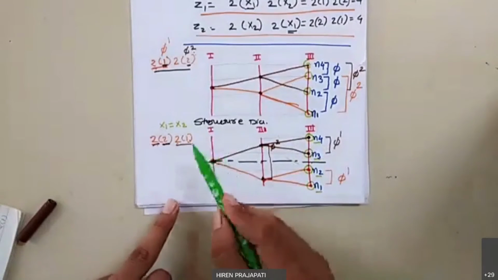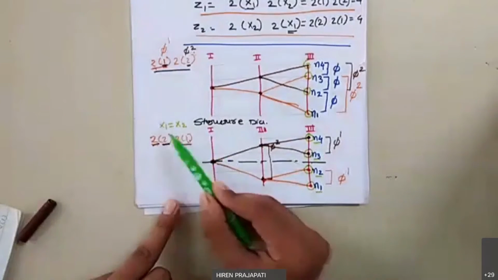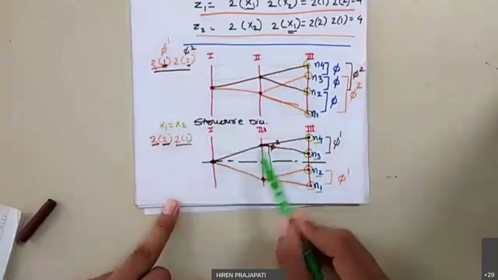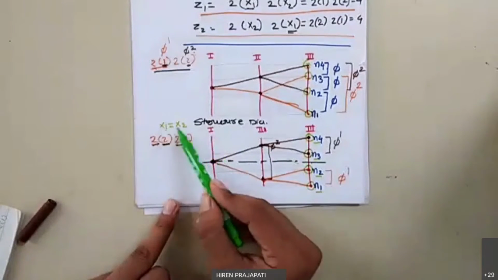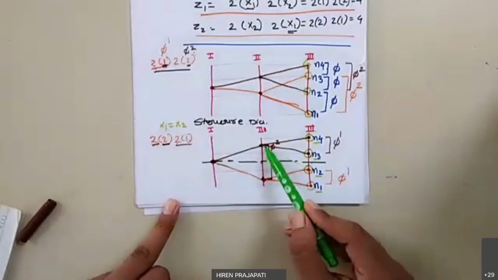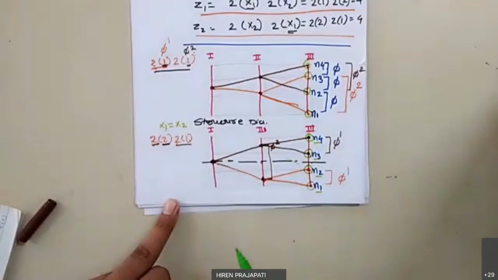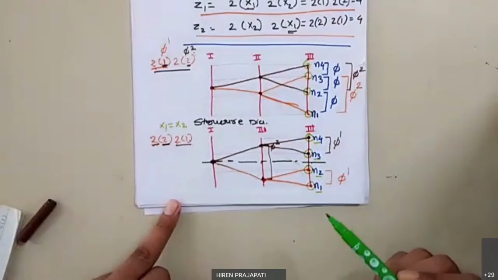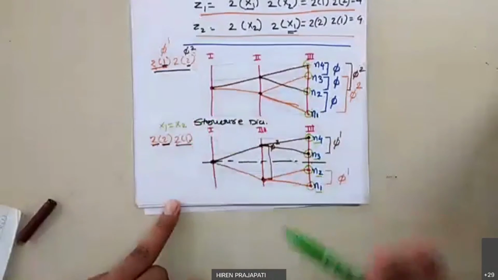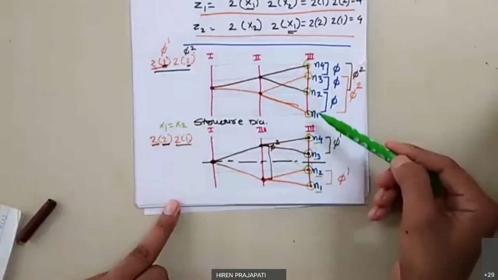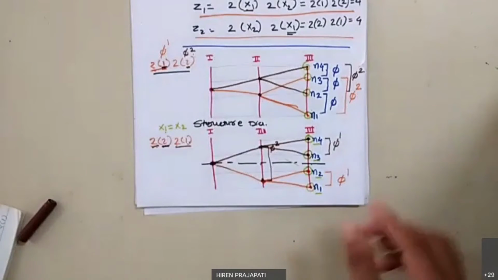So that's why we need to keep x1 and x2 different. If you keep both the same, that actually violates the law of geometric progression. You cannot keep these two the same. Otherwise you get some different RPMs which you have not defined or which you don't want actually, right? So these are the structure equations for 4 speeds, and these are the structure diagrams, right? I hope it is clear.